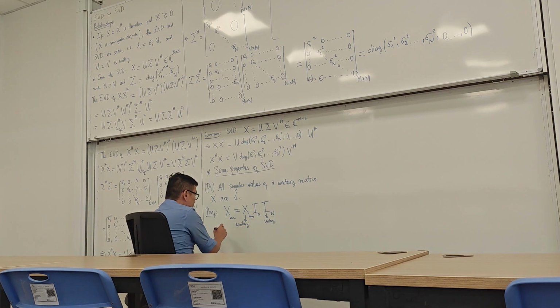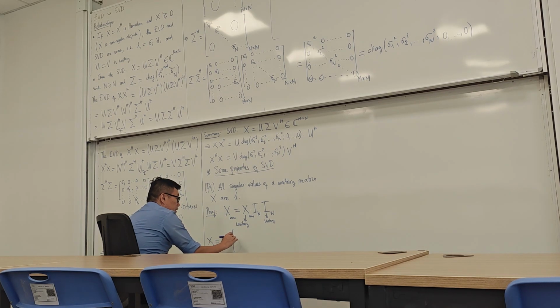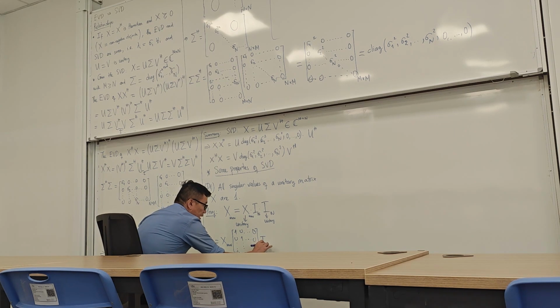So you can write X in the form of X, which is m by n, multiplied with this matrix, everyone, with 1, 1, 1 on the diagonal. That is I n, right?